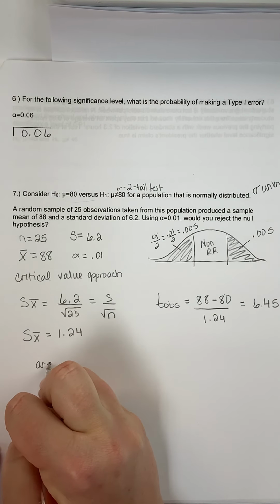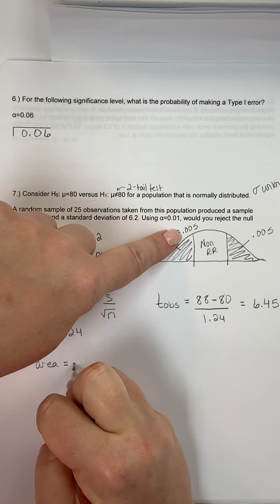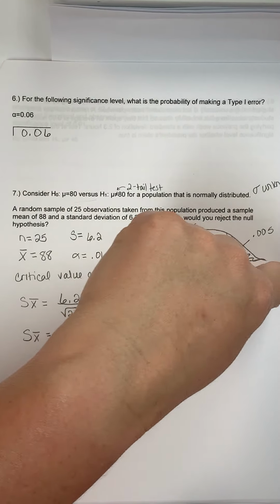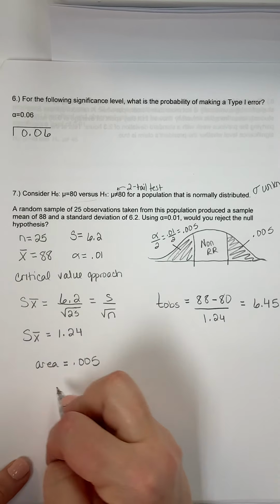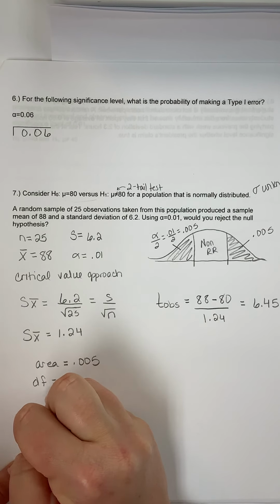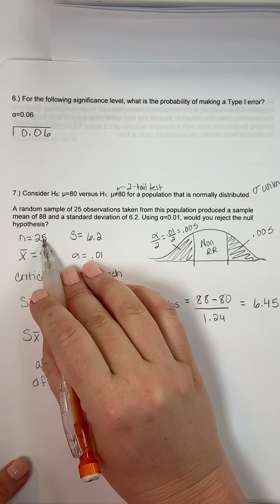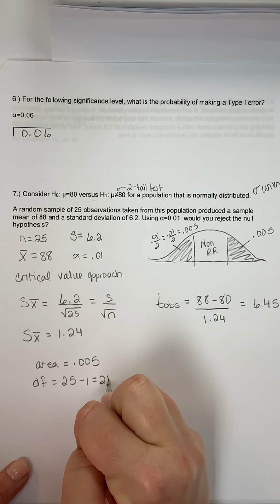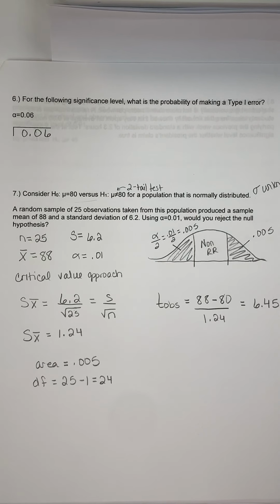The area I'm looking for is 0.005. I already divided my alpha by 2 because I have the 2 regions. What's my degrees of freedom going to be? 25 minus 1, so 24.